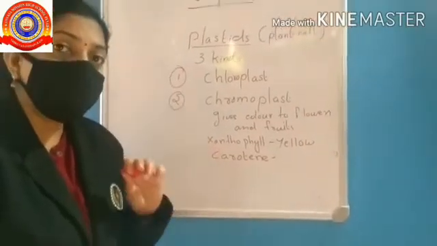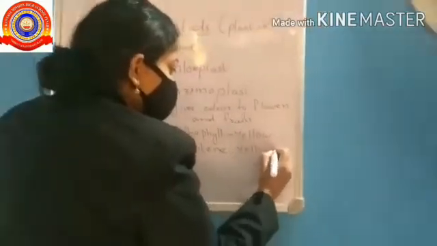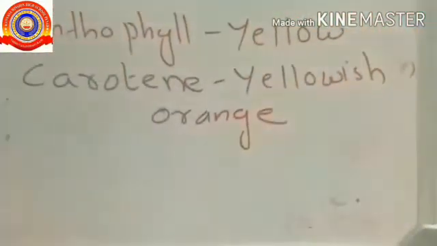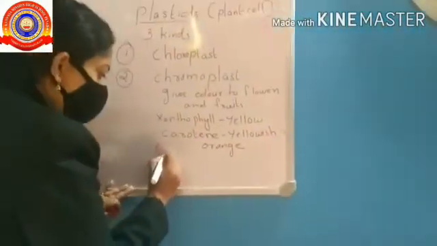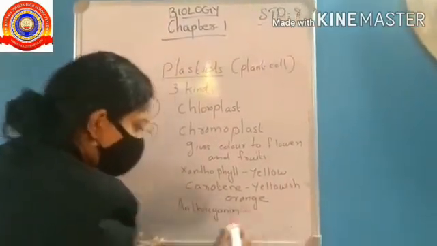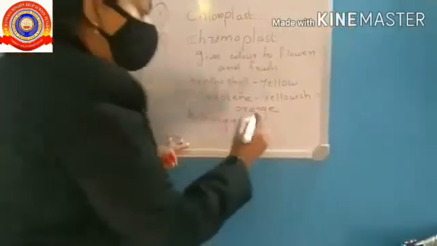The carotene gives yellowish orange in color. Next one is anthocyanin. It gives red or purple color.